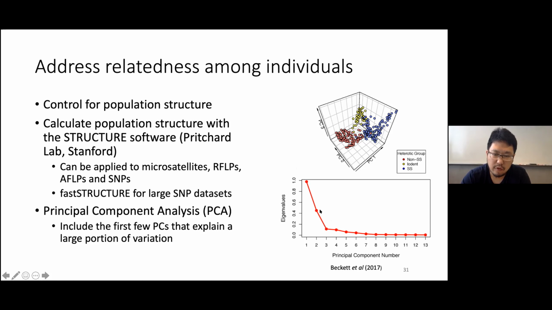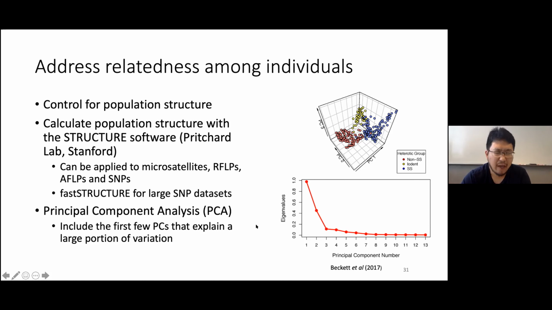What people usually do is find the turning point of the eigenvalues, or the elbow. You can see from this example that after the first 3 PCs, the eigenvalue plateaued. So in this case, we can include only the first 3 PCs in the model to control for the population structure, because the marginal effect of including more PCs would not be very helpful.